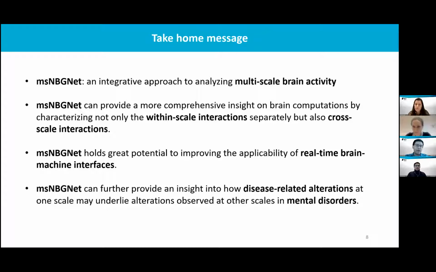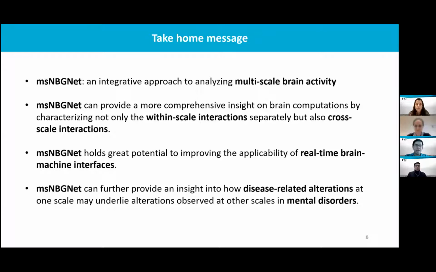And MBGNet holds great potential for improving the applicability of real-time brain-machine interfaces because the cross-scale interactions serve as supplementary information that allows us to improve the performance. Also, MBGNet can further provide insight into how disease-related alterations at one scale may underlie alterations observed at other scales in mental disorders.